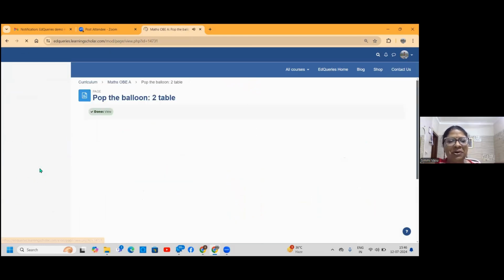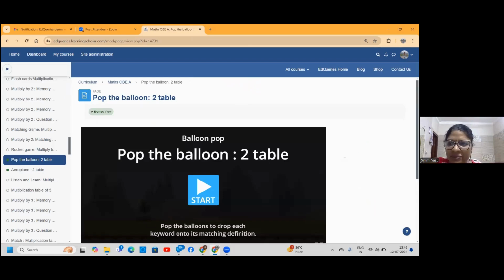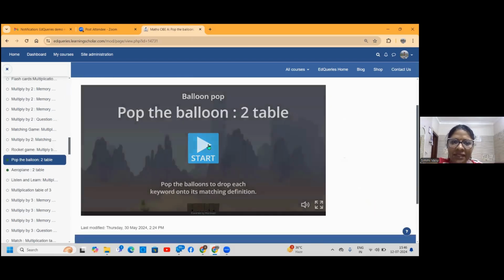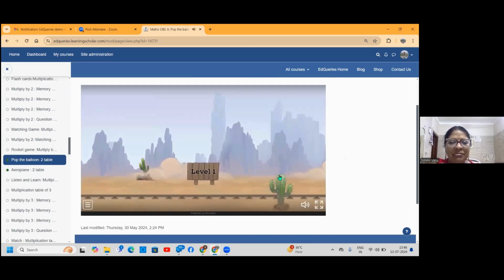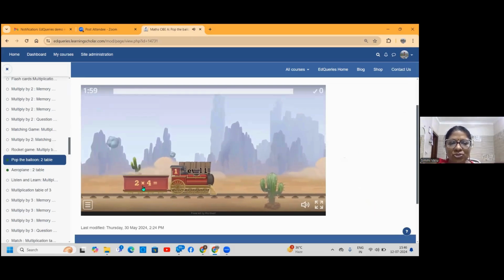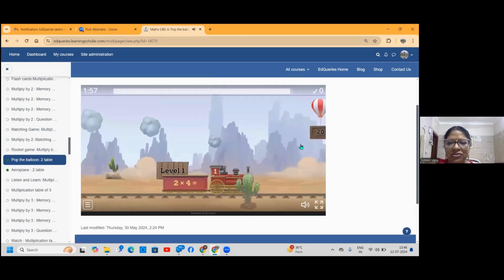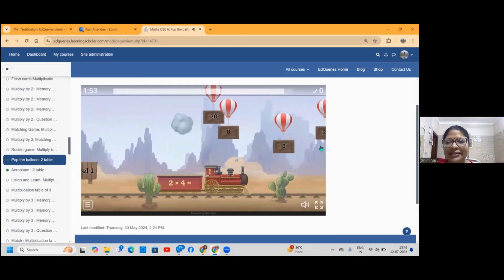Similarly, there is a pop the balloon table game. I'm just doing it with the table of 2. This is there for other games also. There's a train coming and there are balloons with answers. So 2 4s are 8. It's a little skill based.